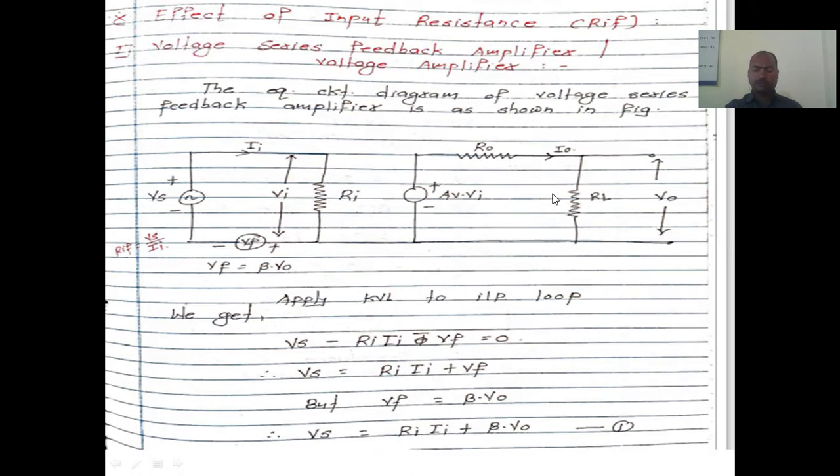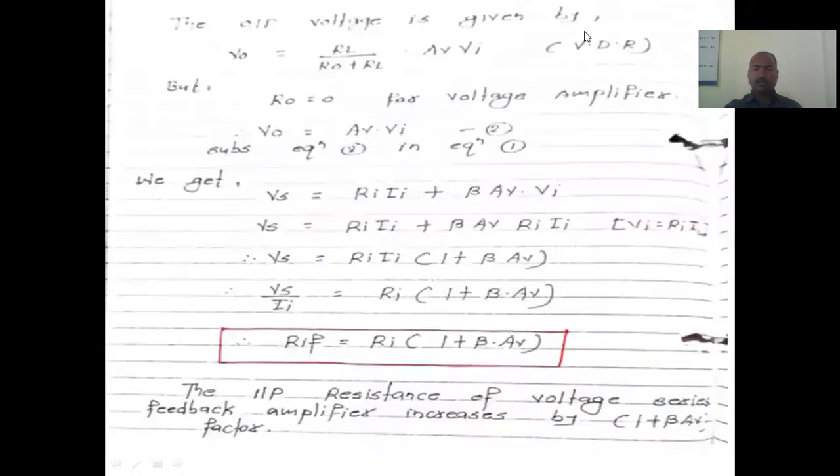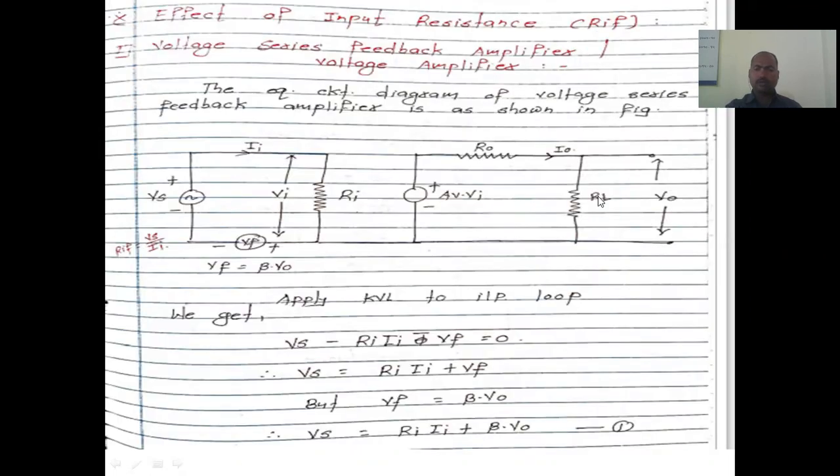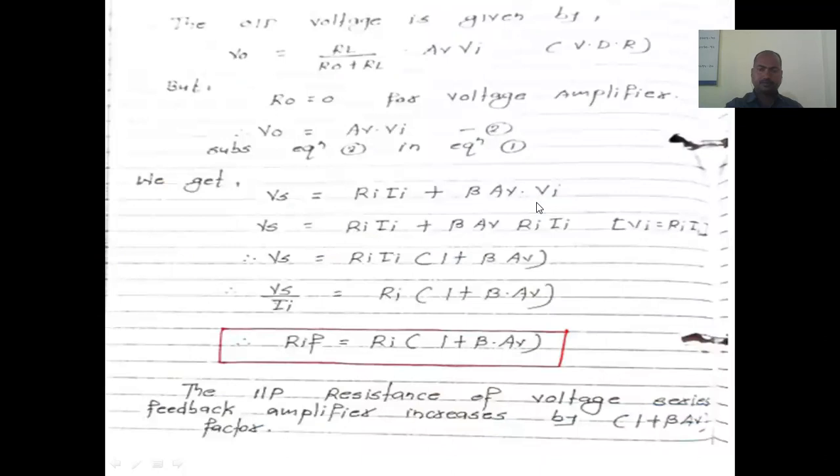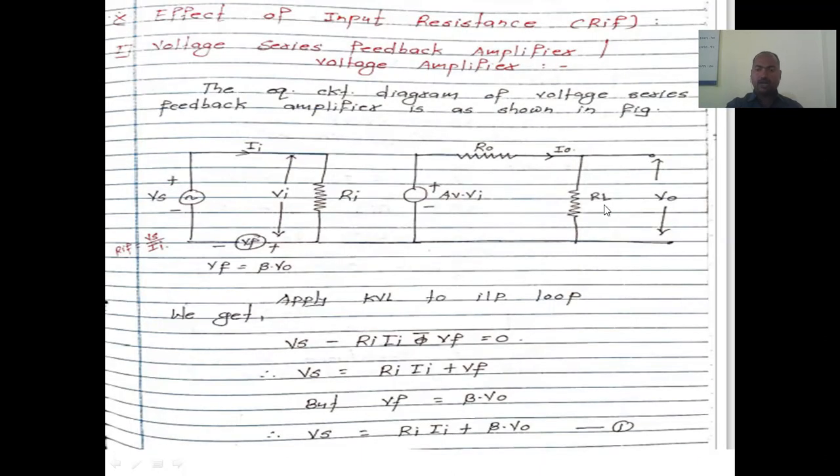Applying the voltage divider rule, it is this resistance divided by both resistors into the applied voltage. So it is RL divided by R0 plus RL into the applied voltage AV into Vi.